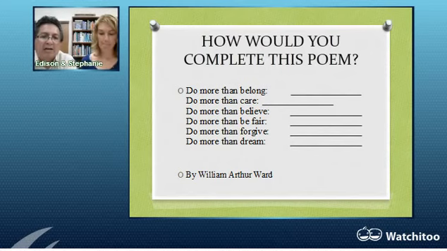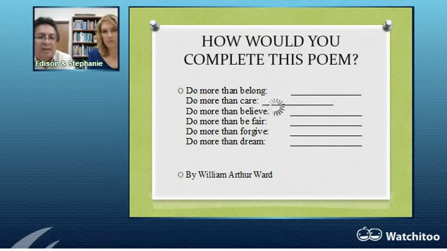You can ask them to write one word to complete those lines. Those verses: do more than belong, do more than care, do more than believe, do more than be fair, do more than forgive, do more than dream.